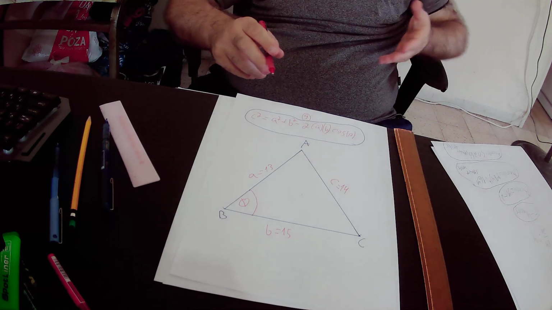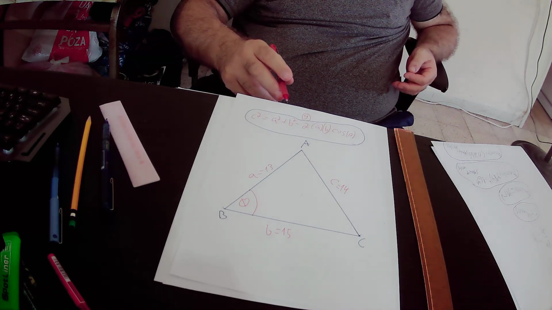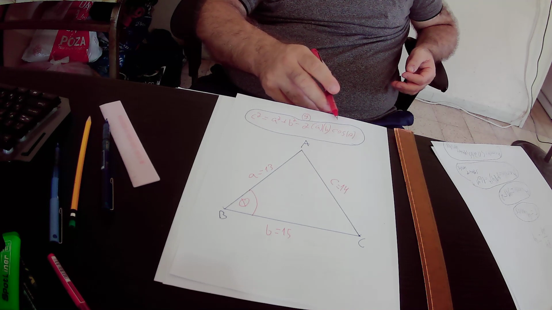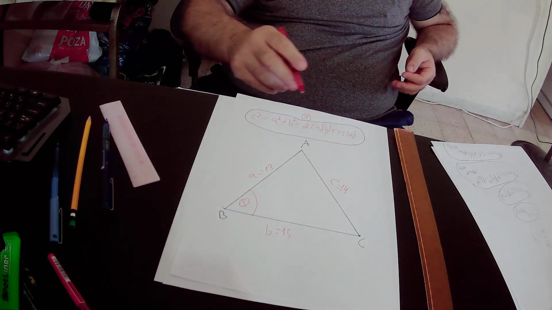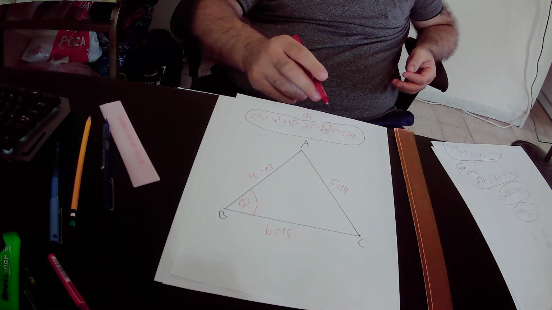So by solving this equality, we'll find the value of cosine theta. We know the value of A is 13, the value of B is 15, and the value of C is 14 units.